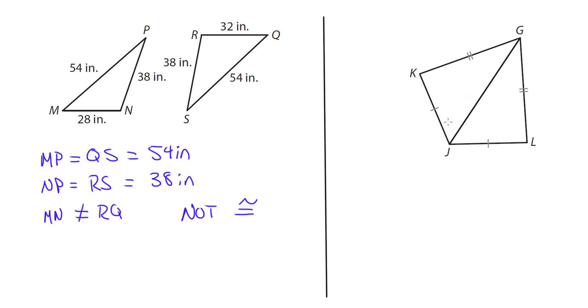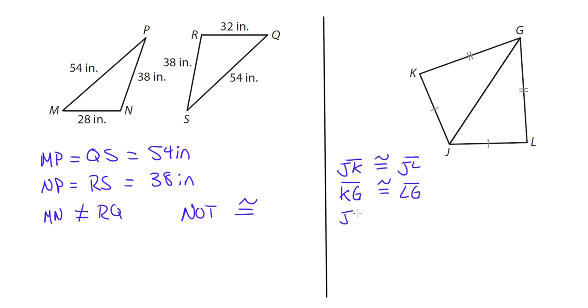Looking at the second example here, we see that JK is equal to JL. So JK is congruent to JL. We see that KG is equal to LG. So KG is congruent to LG. And we see that JG is equal to itself because of the reflexive property.